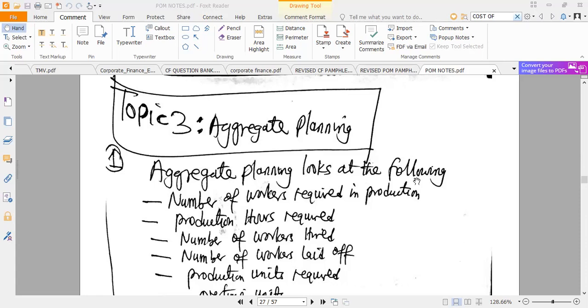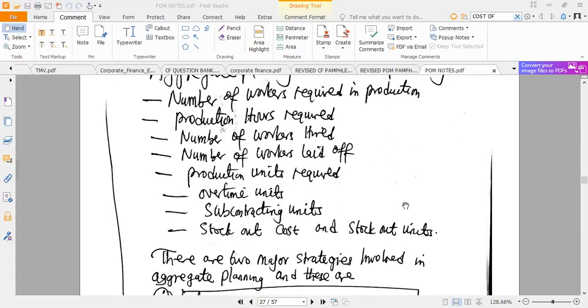According to this, aggregate planning looks at the following: number of workers required in production, the production hours required, the number of workers hired, the number of workers laid off, the production units required, the overtime units, the subcontracting units, and the stockout units and stockout cost.